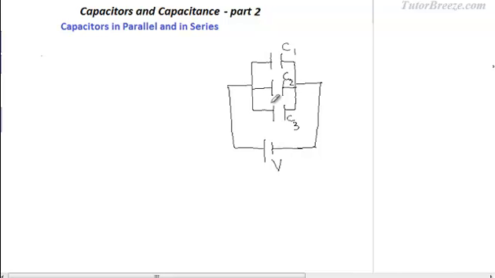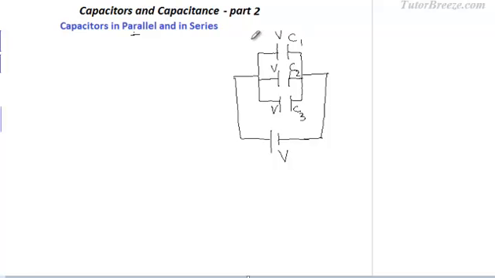So, all these plates are at the same potential, which is the same as the potential of the positive terminal, and all these plates are at the potential of the negative terminal. Since the potential difference over here is V, the potential difference across each of these capacitors is also V.